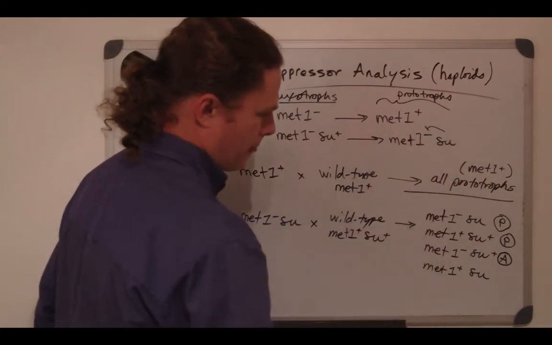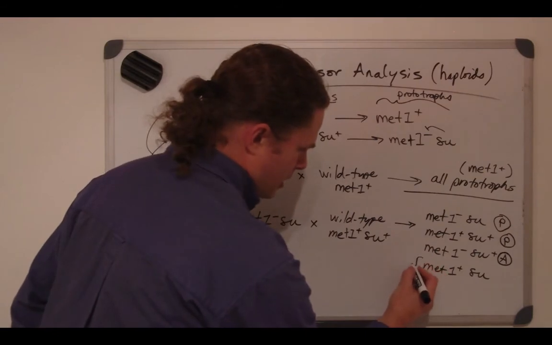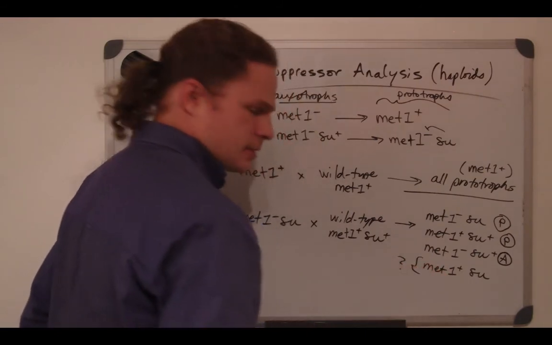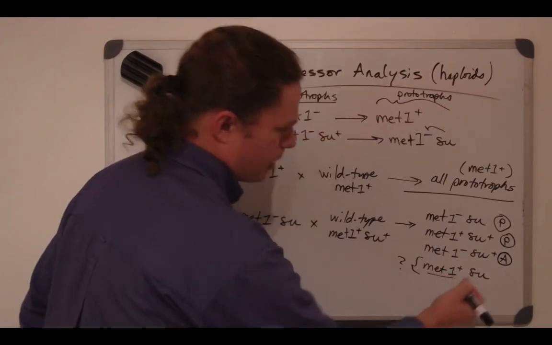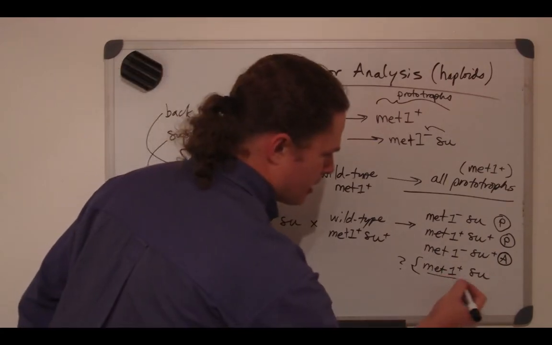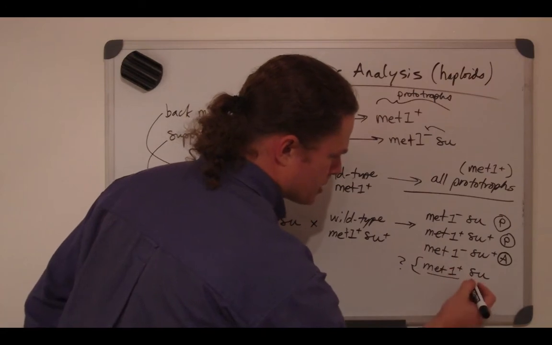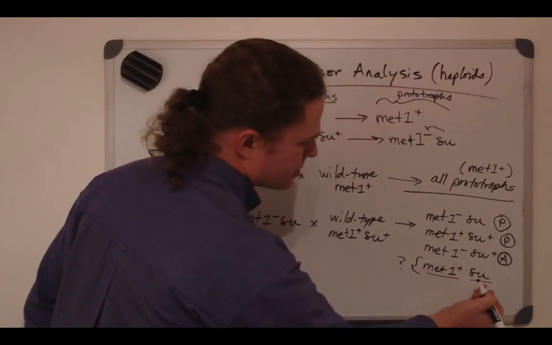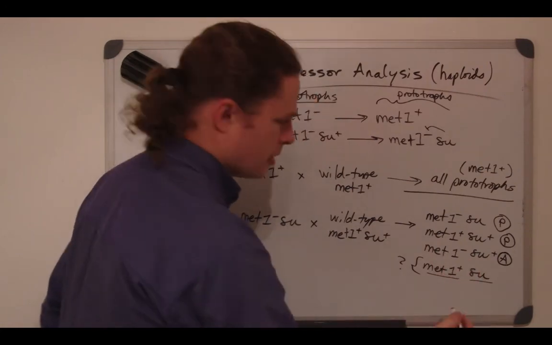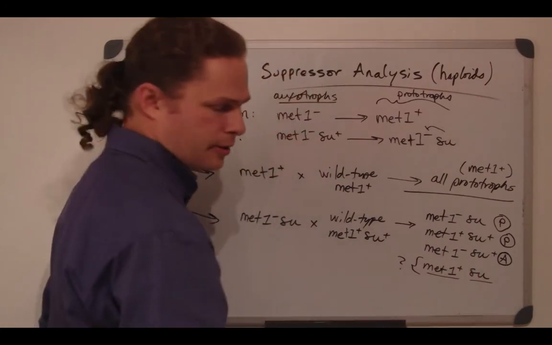Now this last category is something that we just can't tell. It has the wild type allele of the MET1 locus, but now that wild type allele is in the presence of the suppressing allele. So this is the allele that's capable of suppressing the MET1 minus mutant, but we haven't seen this genotype before.